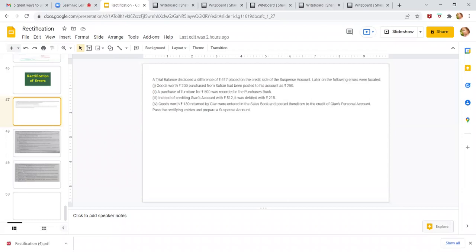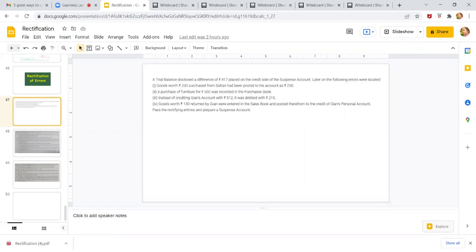It means that in the suspense account we have 417 rupees on the credit side. Later on, the accountant found some errors, right?